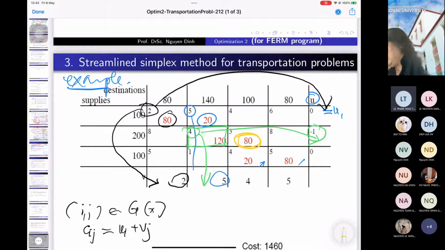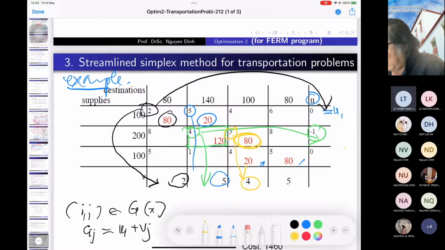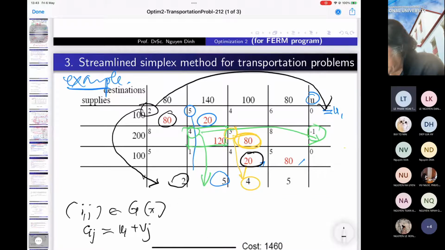This cell, you see here, is number C. Here it is 3, so 3 equals minus 1 plus 4. Is that okay? Now you come to this 20.